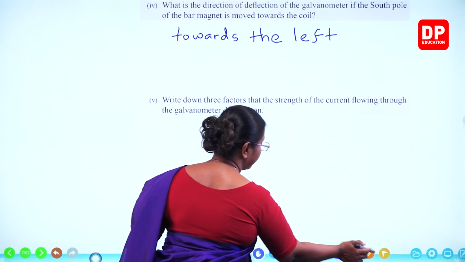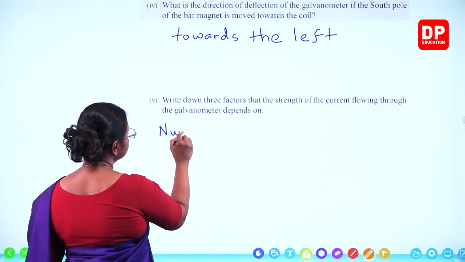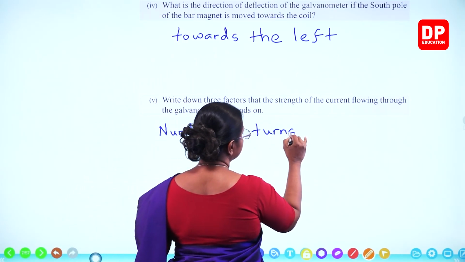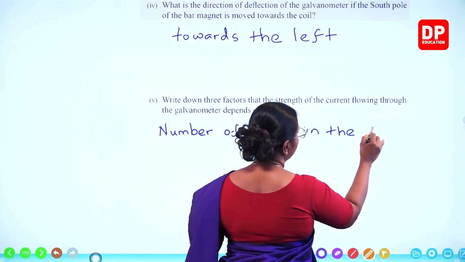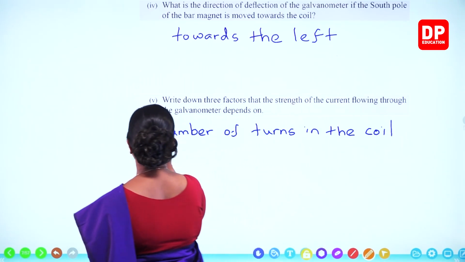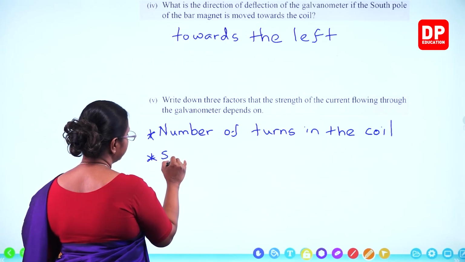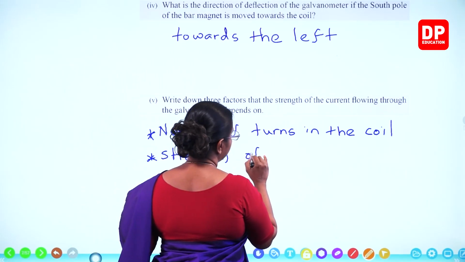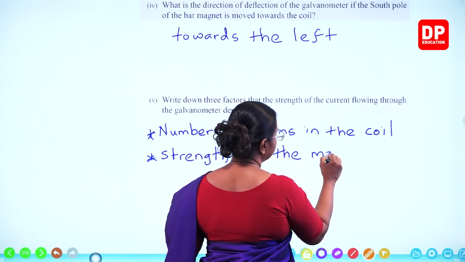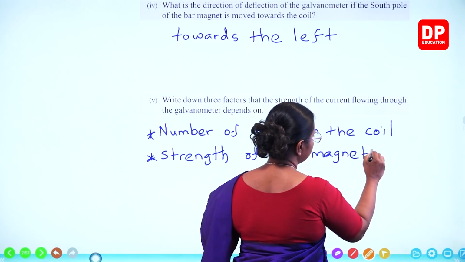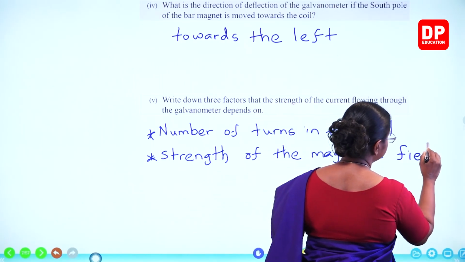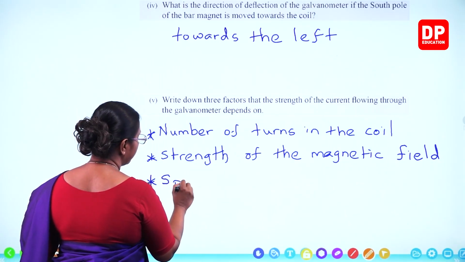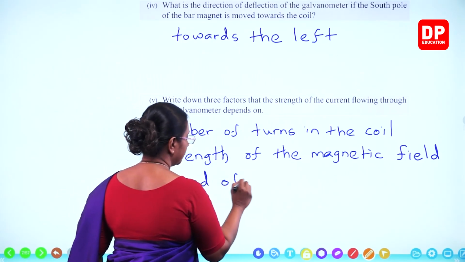So we can write the 3 factors: number of turns in the coil, 1 factor, then strength of the magnetic field, and the third one, speed of motion.